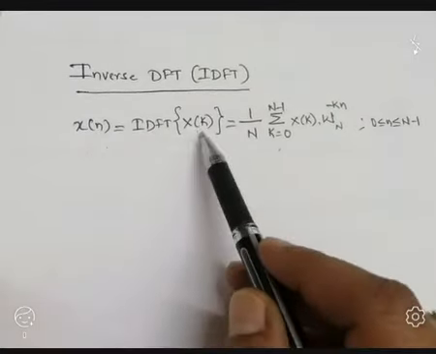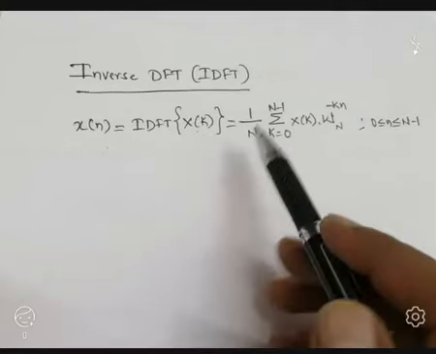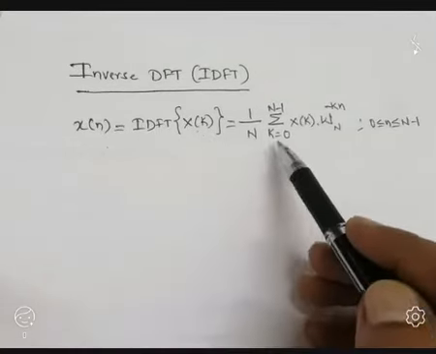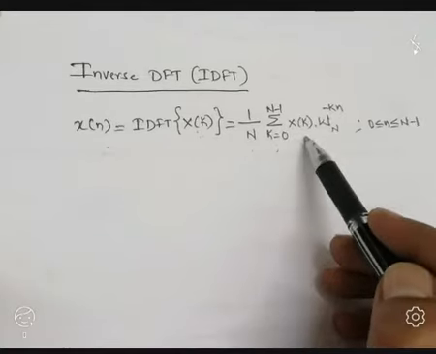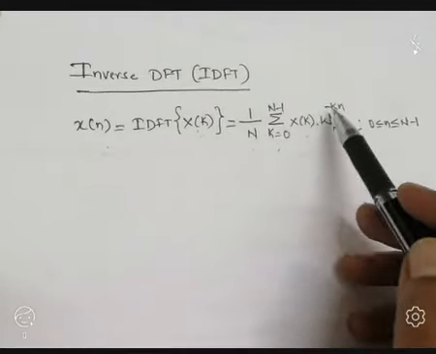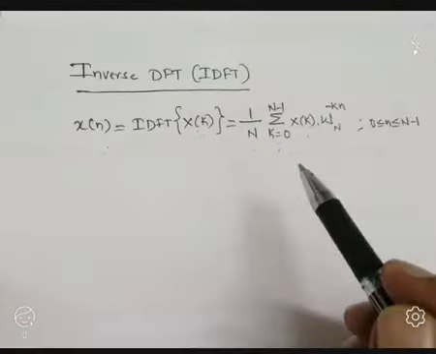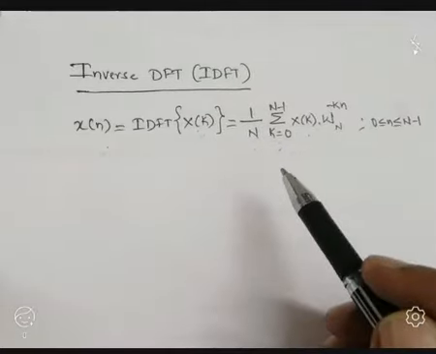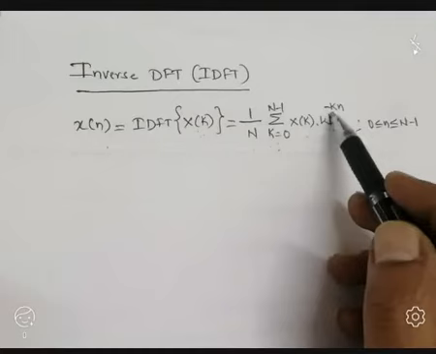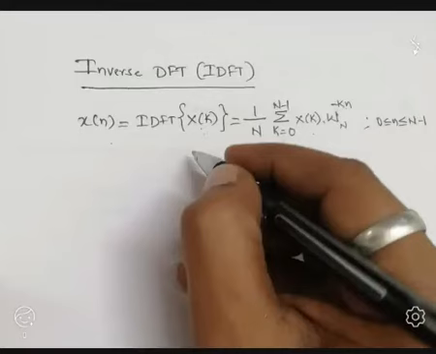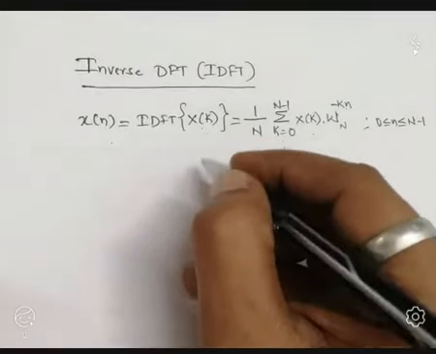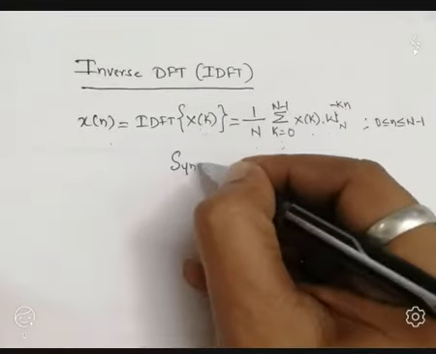IDFT of X of k equals 1 by N summation k equal to 0 to N minus 1 X of k multiplied by W_N to the power minus kn. This equation is also known as the synthesis equation.